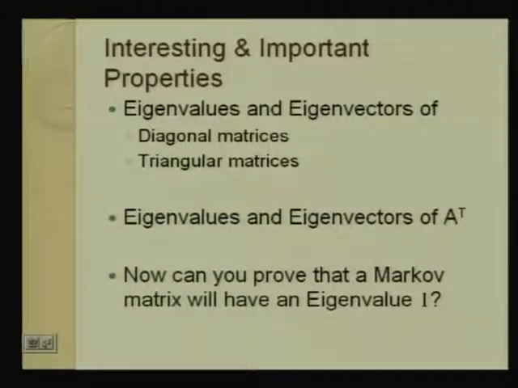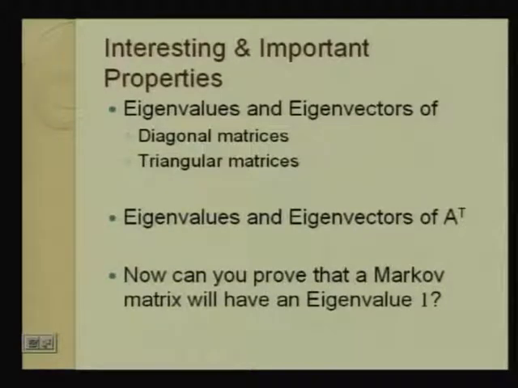You can work out a few examples to see that actually the eigenvectors are not the same. What exactly the eigenvectors are depends on a lot of issues, it's not a very simple transformation by which you can get the eigenvectors, but the eigenvalues are the same. Now here is again a small problem for you. Having known all these facts, can you prove that a Markov matrix will always have an eigenvalue 1?